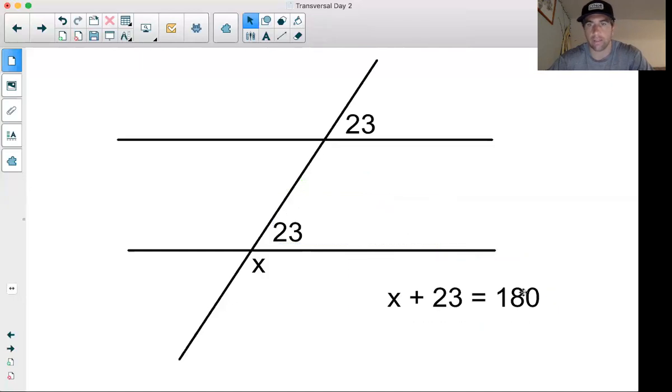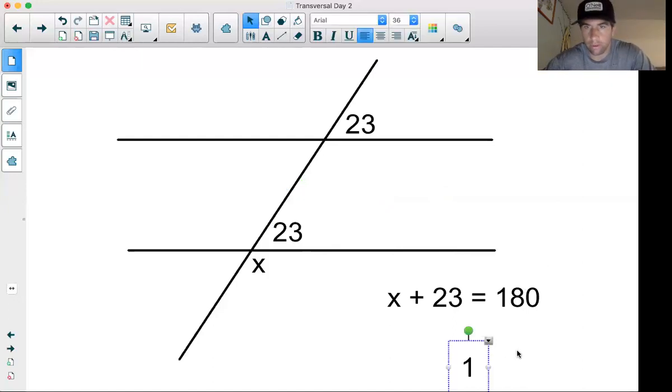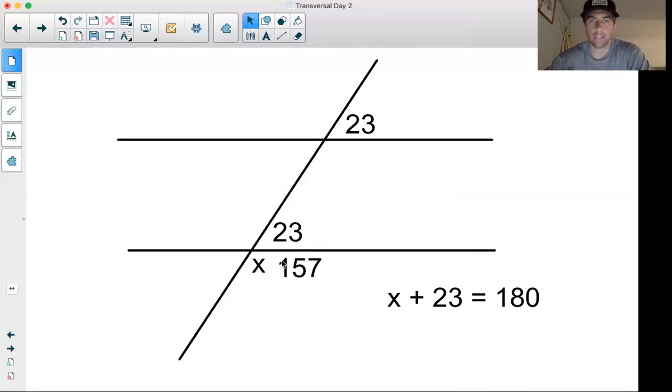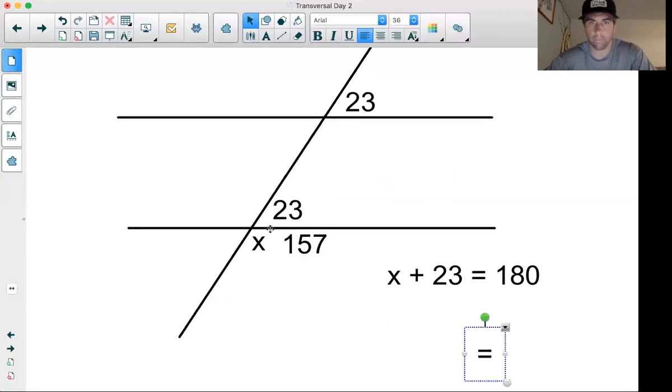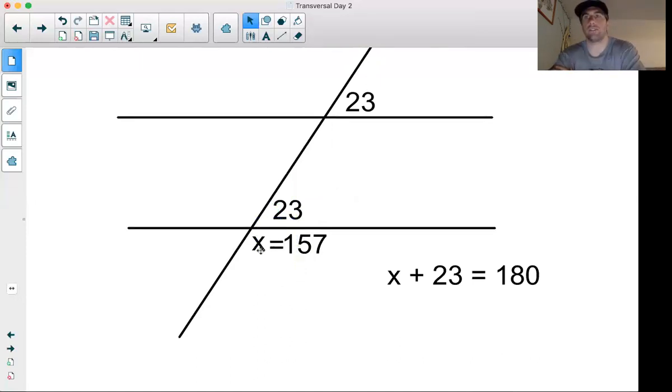And then you solve that. So you're just basically subtracting 23 from 180, right? So that's going to be 157. Okay? So what is X equal? X is 157. Done. So missing angle X is 157, okay?